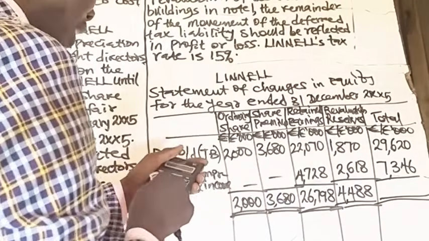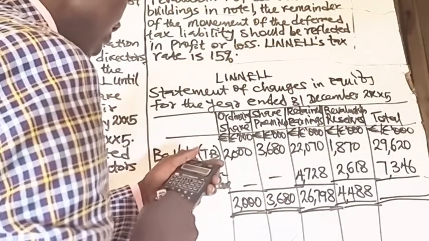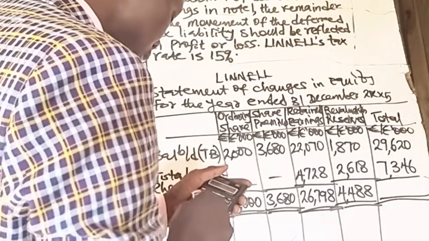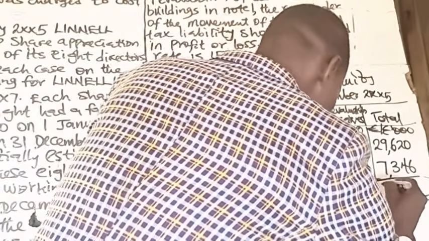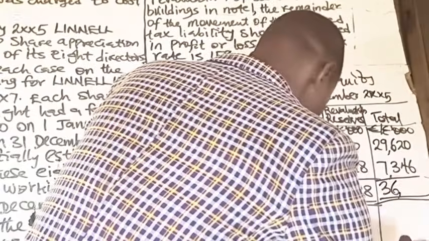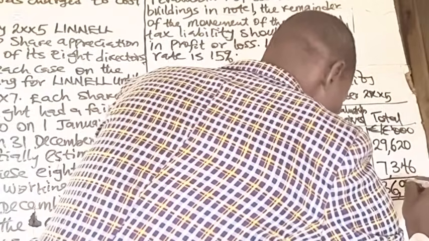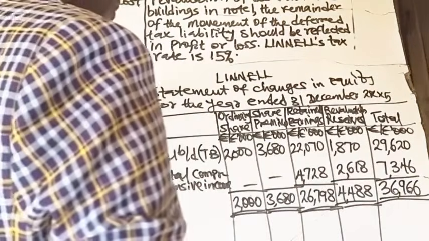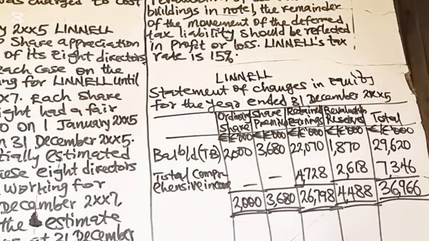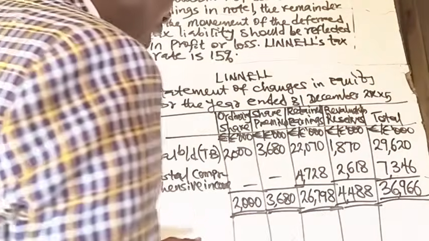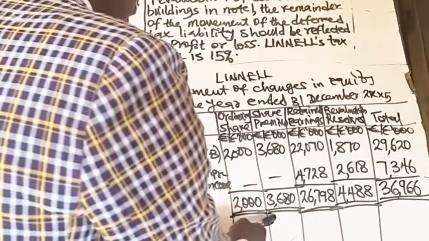Then 29,620 plus 7,346, and this is total 36,966. This is the statement of changes in equity. It is the balances obtained from the statement of changes in equity that will appear in the equity section of the statement of financial position.